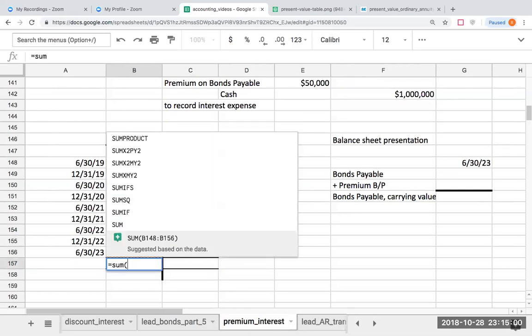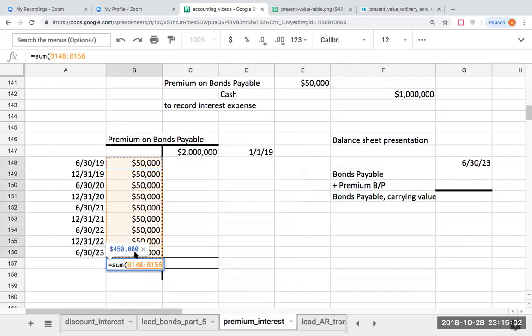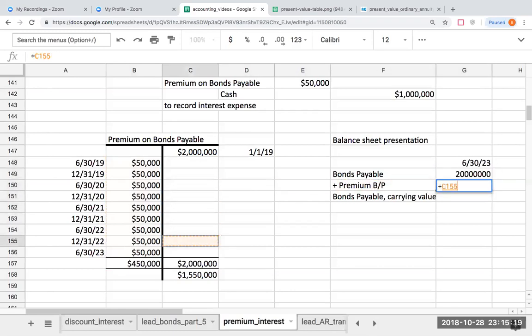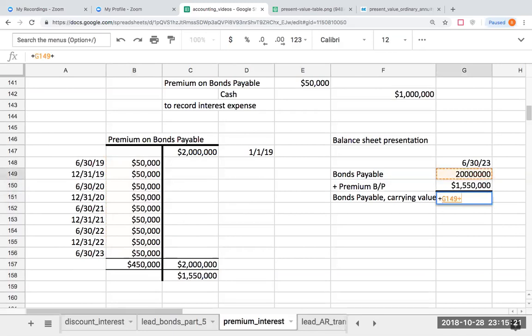And so here, when I've got my premium on bonds payable, my ending balance for my premium on bonds payable will be $1,550,000. So my bonds payable was 20 million. My premium on bonds payable is 1,550,000.